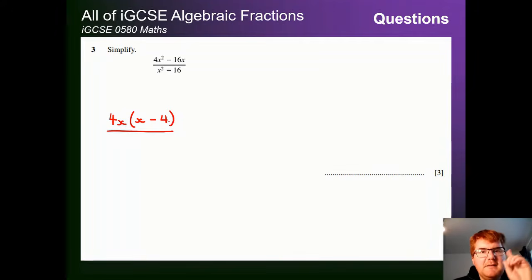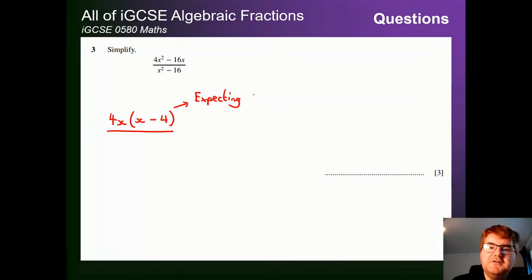And just like in the previous question, number 1, I'm expecting an x minus 4 in the denominator because we need to have some cancellation going on.